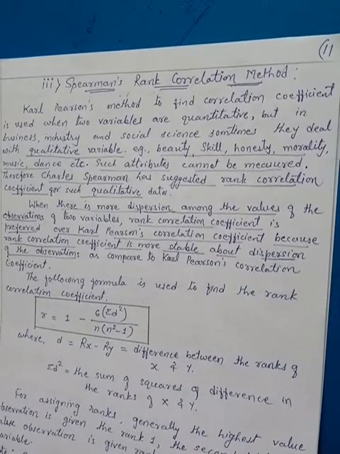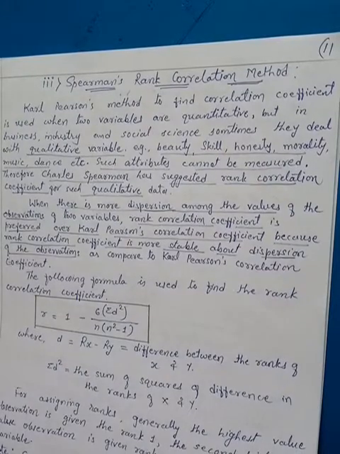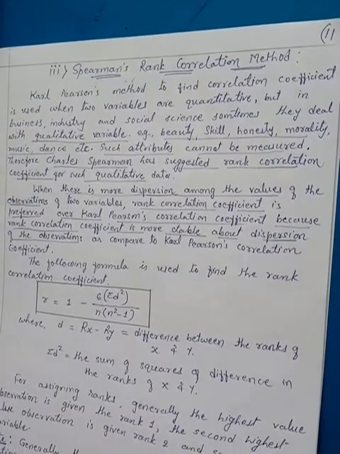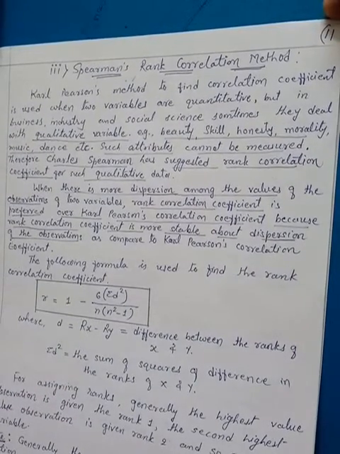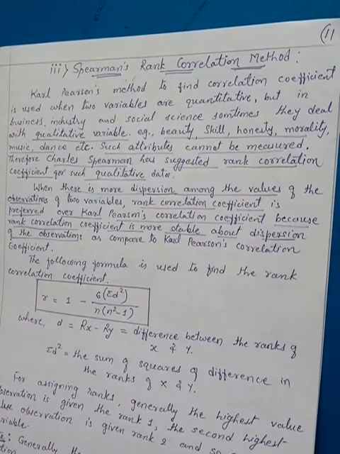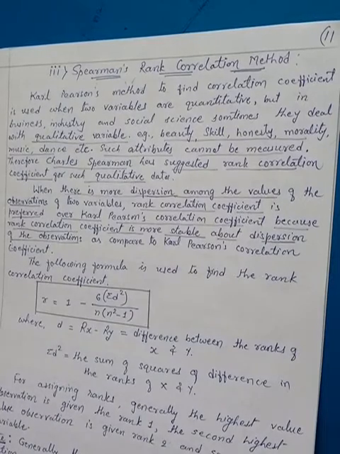That means he has given a method used to calculate the correlation coefficient with the help of ranks. That means the two attributes provided to us are assigned ranks. Like in a dance competition or a music competition, we say the competitor gets rank 1, rank 2, rank 3 like this, right?